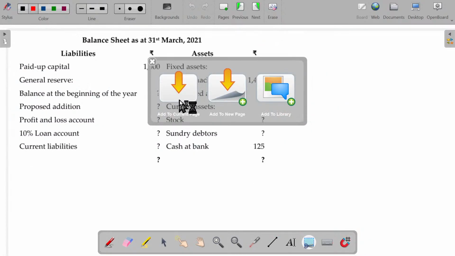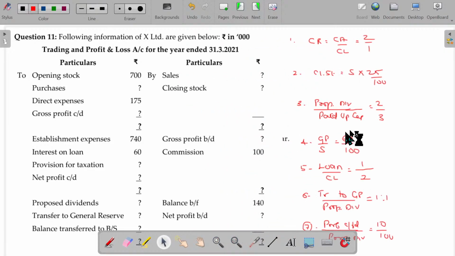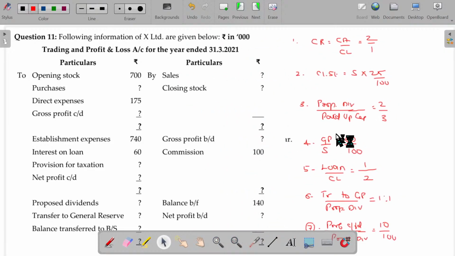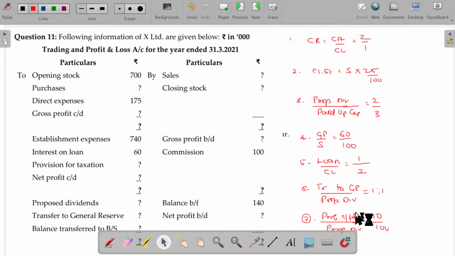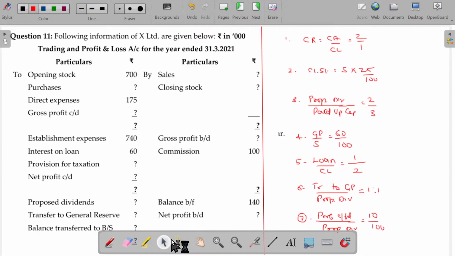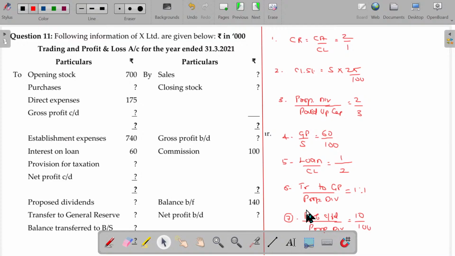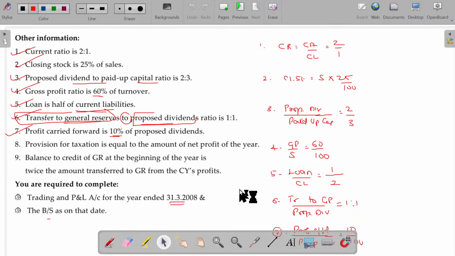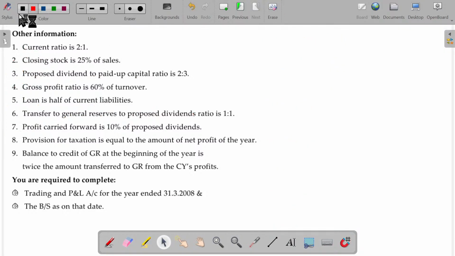I just keep it here so the working is simple. Apart from that, we have been given provision for taxation is equal to the amount of net profit. Provision for taxation equal to the amount of net profit of the year, net profit of the current year.